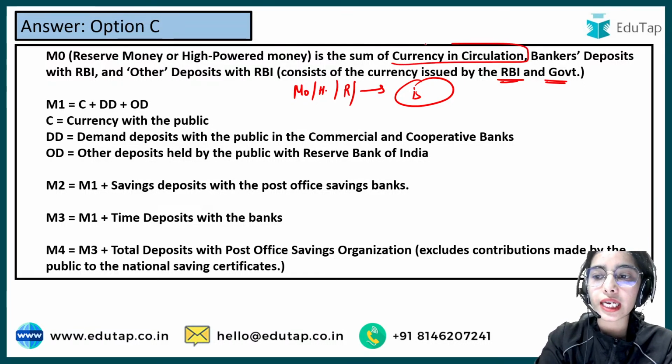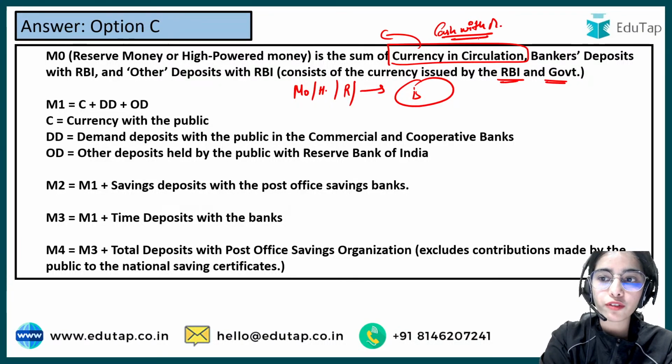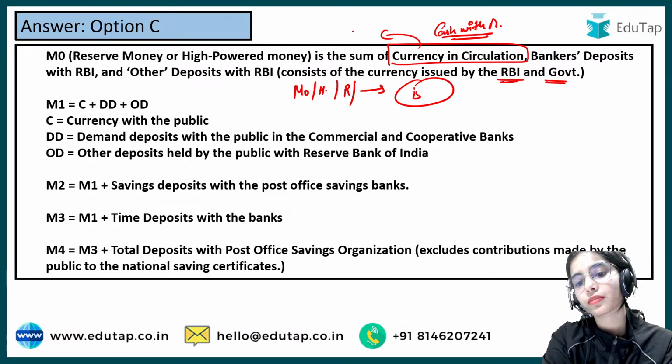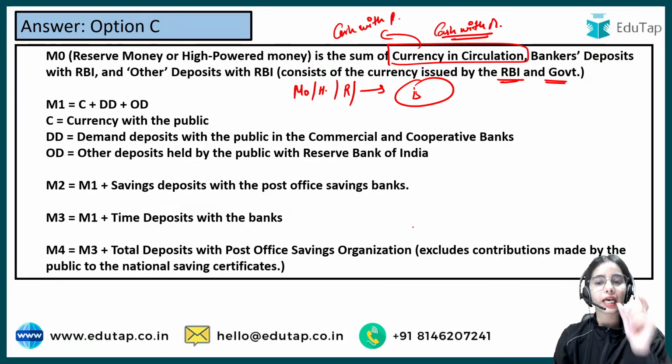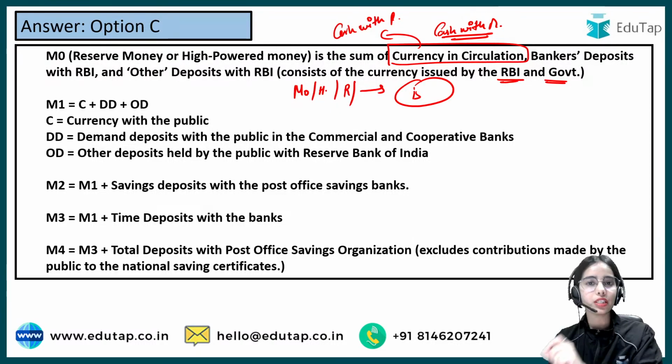So this is the currency in circulation, that is the cash with banks in the physical form, as well as the cash with the public. Currency in circulation means the currency with the public as well as the cash with banks.